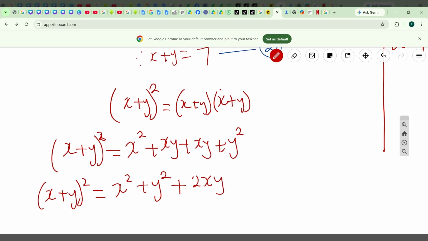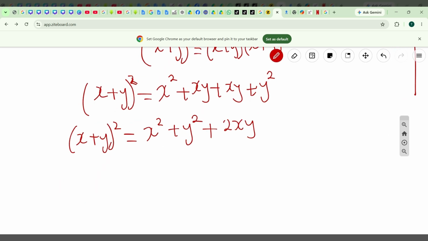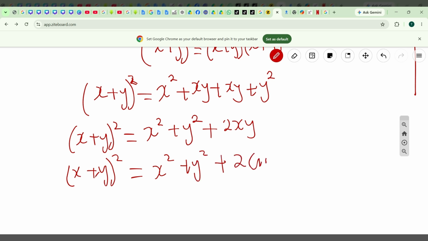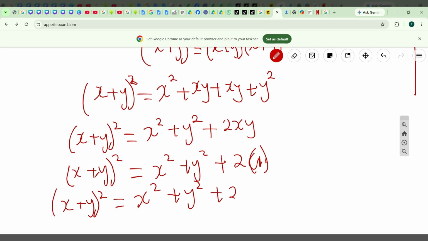And we all know what xy is. xy is 1. So I can say x plus y squared is equal to x squared plus y squared plus 2 into 1. Pretty straightforward: x plus y squared is equal to x squared plus y squared plus 2.